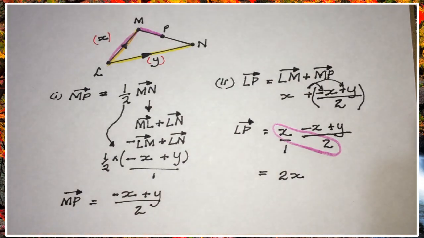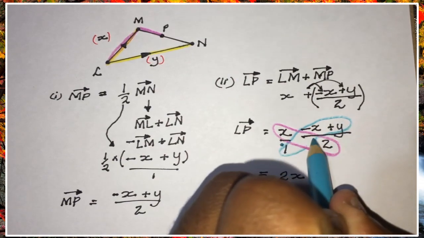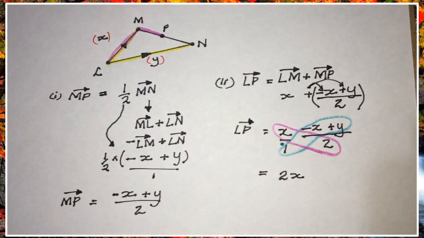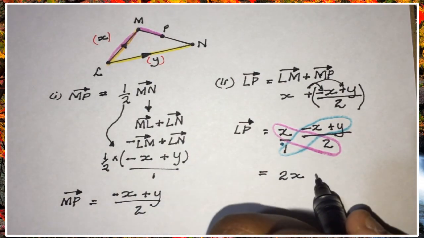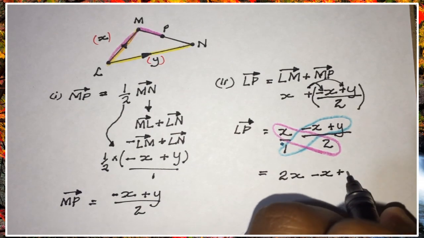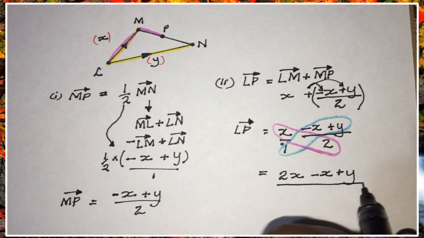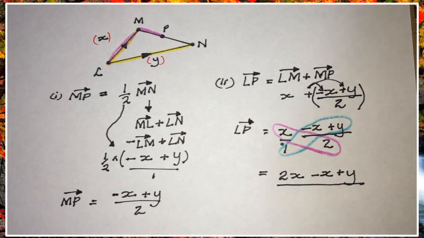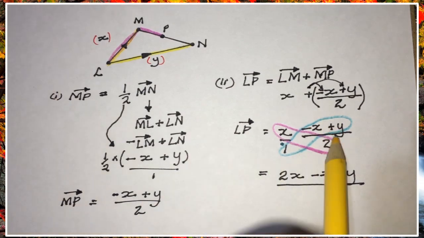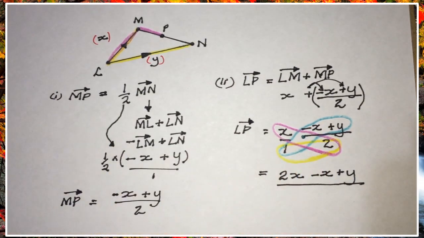And then we have to do 1 times everything up there, which will give us negative X plus Y. And you have to remember the final step. Let me highlight it for you. It's going to be the 2 and the 1. So 2 times 1 will give us 2.